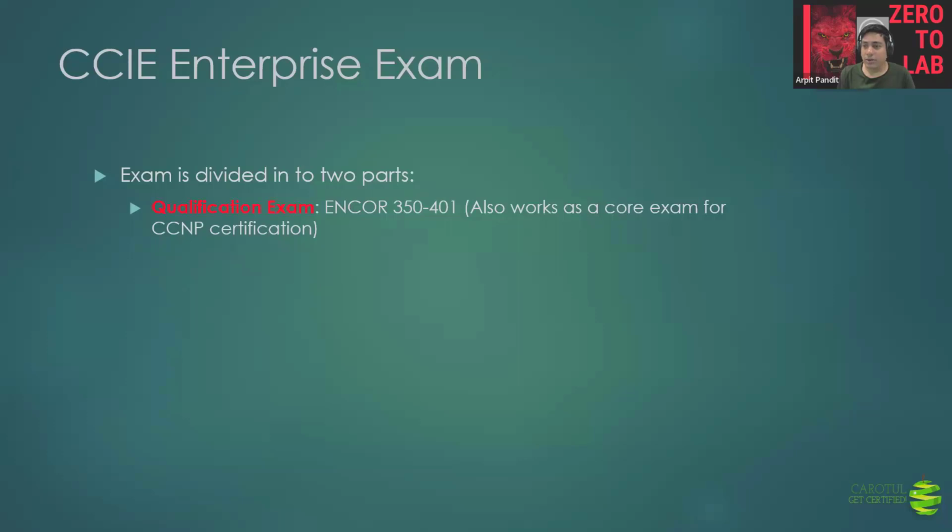So you can choose ENARSI or software-defined WAN, SD-WAN, for that. But one of the exams is ENCOR, and once you pass the ENCOR exam, you are eligible to book the CCIE lab. The CCIE lab exam is called the CCIE Enterprise Infrastructure, and now it is actually version 1.1. So 1.0 had slight modifications, and now they are using 1.1.